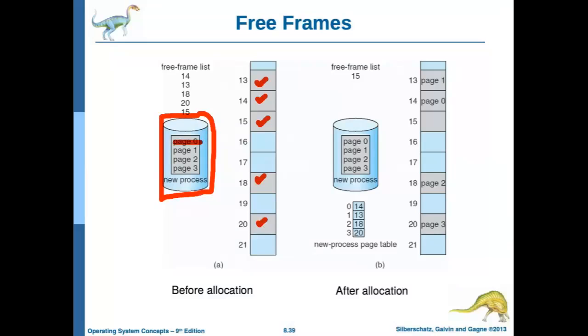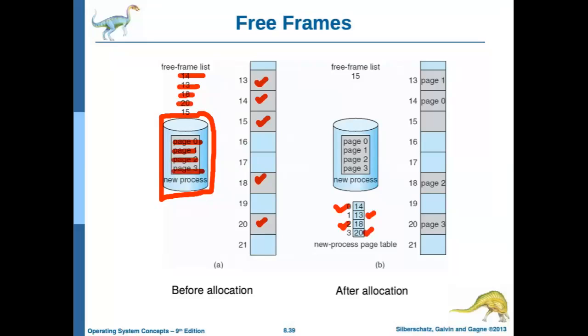So page 0 will be loaded into frame 14, as this page table shows. The next page will be loaded into 13, page 2 into frame 18, and page 3 into frame 20.